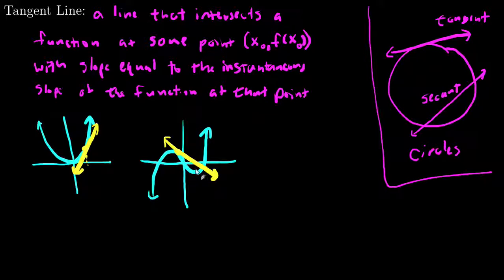So this tangent line does hit the curve in 2 places, but you can see right here, I intersect the curve, and it's going at the same slope. I was very slightly decreasing right here. So it can hit the graph more than once.